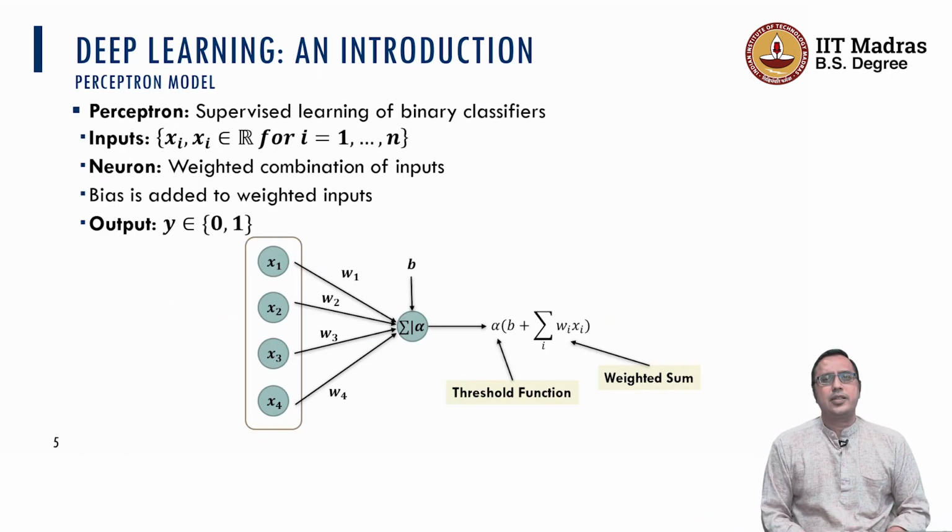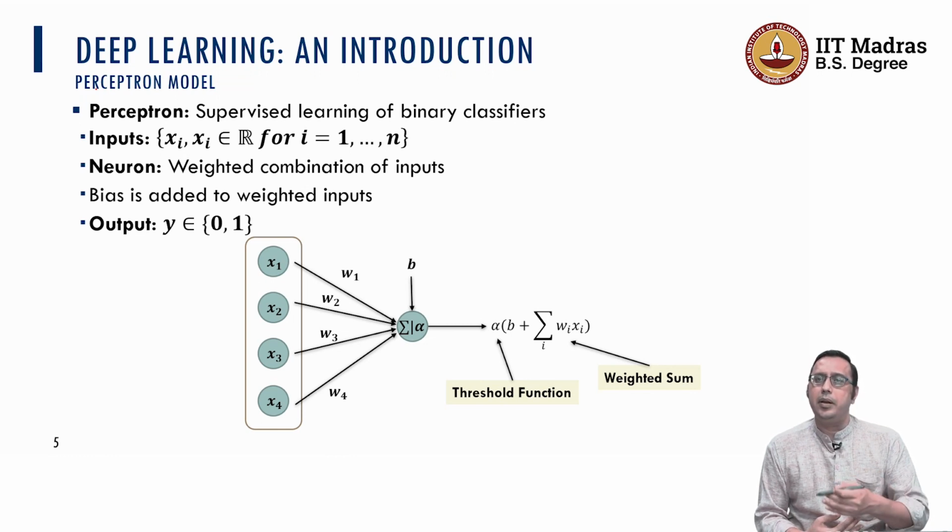Now let's look at the simple Perceptron model, which has been introduced as a basic model of neural network, and then we will see how we can build more complex deep learning models, feed-forward neural network models, using the same kind of ideas.